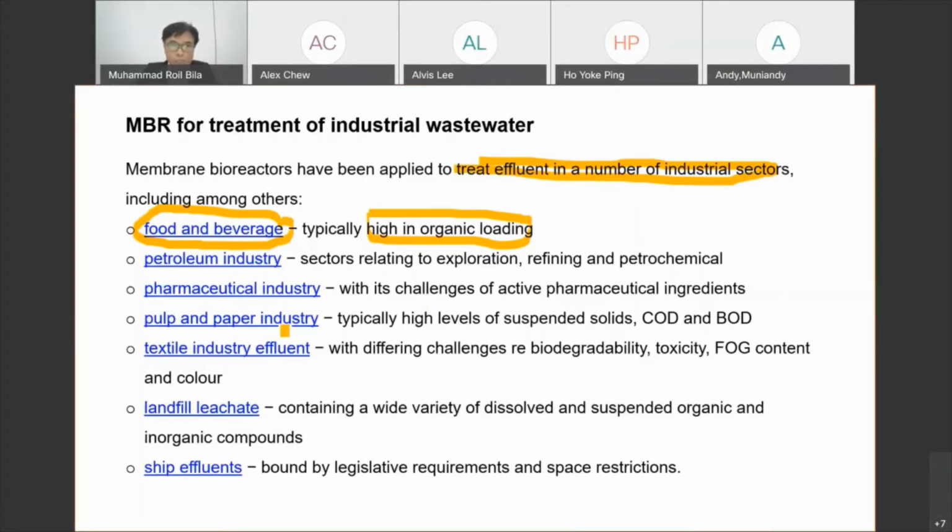Pulp and paper industries. Typically, this wastewater has a very high level of COD, BOD, and suspended solids, so normally it has a multiple-process train for the treatment. Textile industry effluents, I won't give detail about this one. Leachate and fish effluents. So these are a list of applications of MBRs that you can find case reports on at the MBR site I mentioned before.